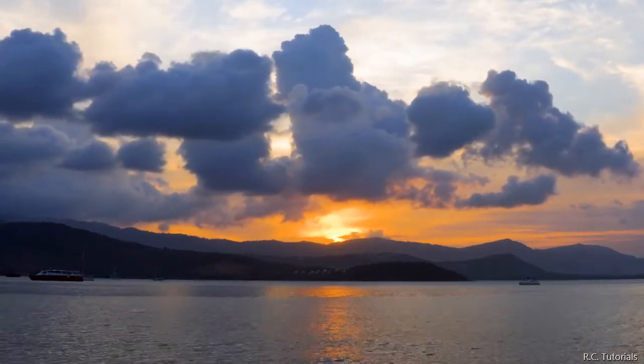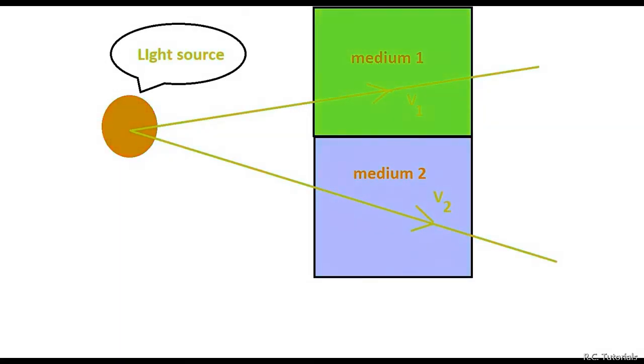The next topic is refractive index. So what is refractive index? The refractive index is the ratio of the speed of light in a given pair of media. Suppose this is medium 1 and this is medium 2.